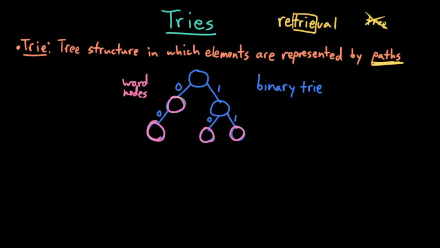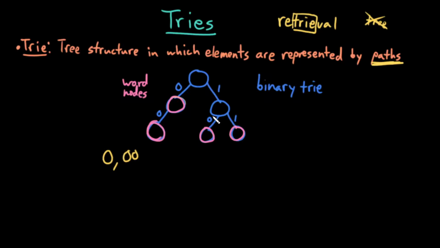In this example, the words in my trie are 0, which is this path. The root to this node crosses 0, and this is a word node, so that's one of the words. Another word in my trie is 0, 0, because this is also a word node. So this path ends at a word node, so the concatenation of the labels is also a word.